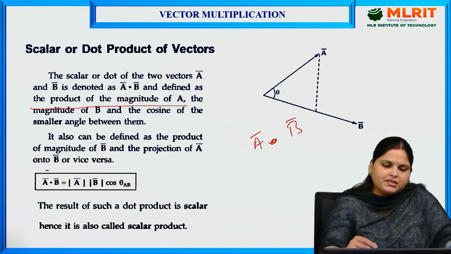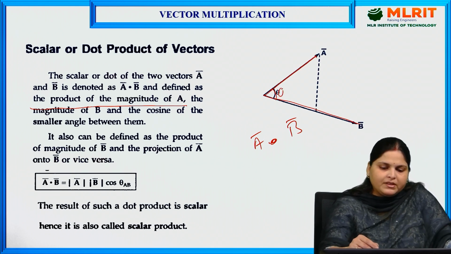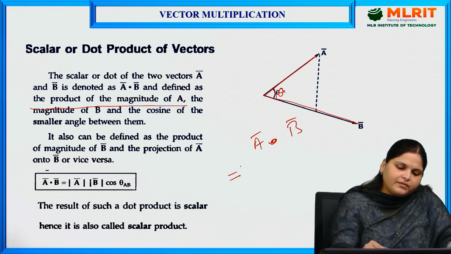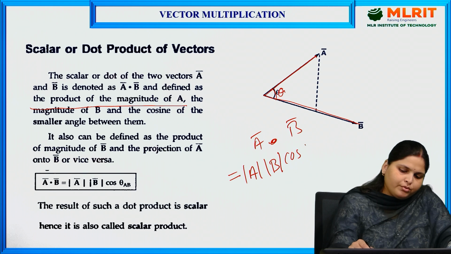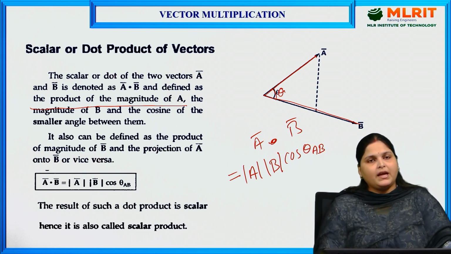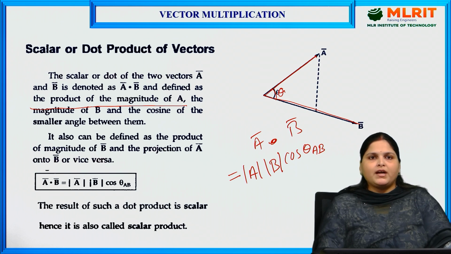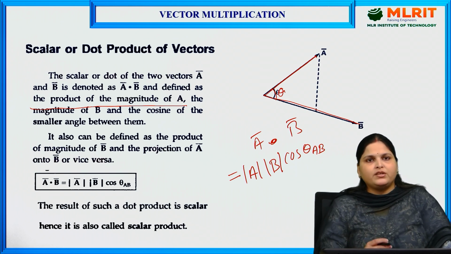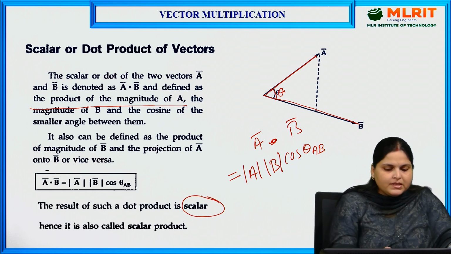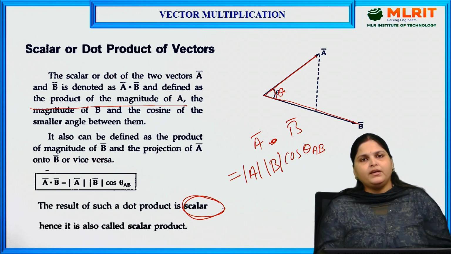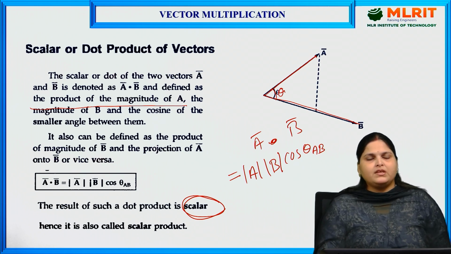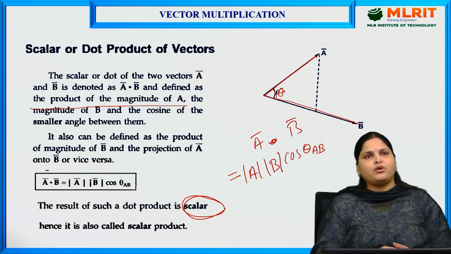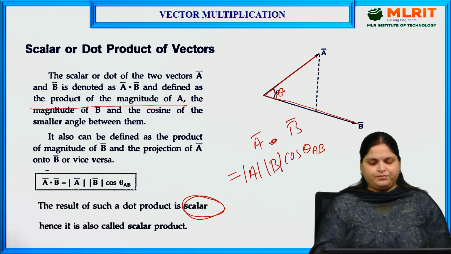That means if A and B have some angle theta between them, their dot product will be mod A, mod B, into cos theta. The result of the dot product is always a scalar. That is why it is called the scalar product.